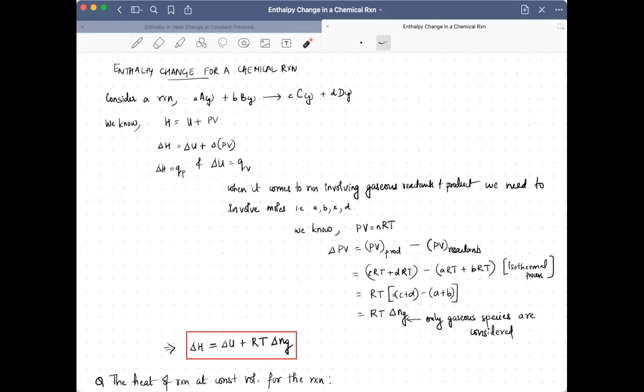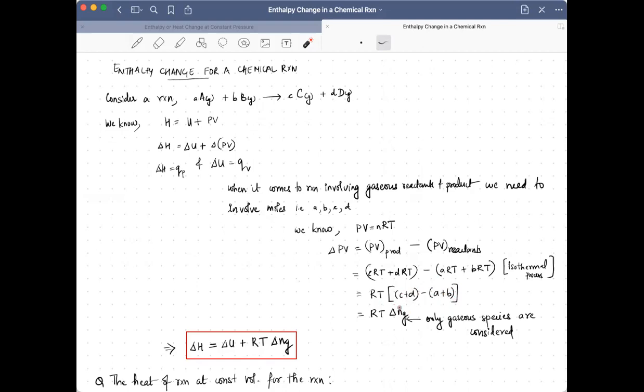So I'm left with c plus d minus a plus b, okay, which is nothing but the moles of the product minus the moles of the reactant. So these are the moles of the product and these are the moles of the reactant. So the difference is what we are getting from this particular expression.